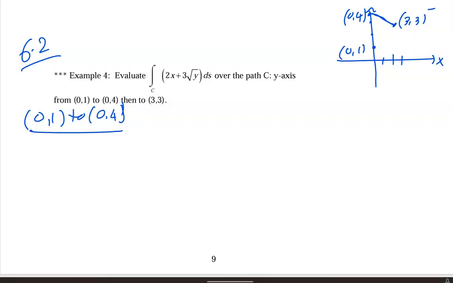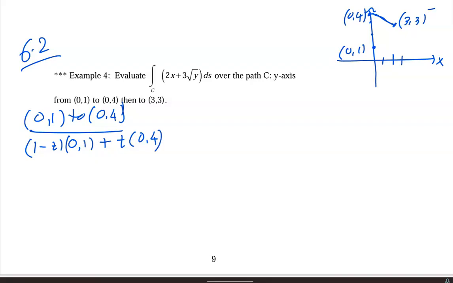So for the path, let's call it C. You have to write it down in parametric form, right? Again, 1 minus t times (0, 1), and then plus t times (0, 4).